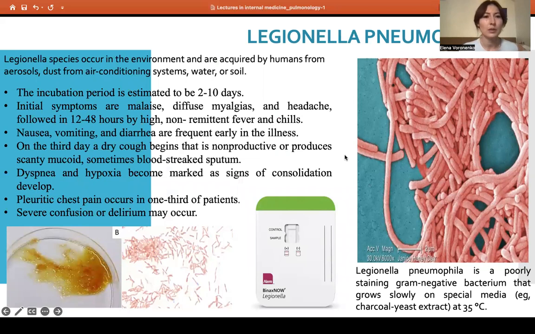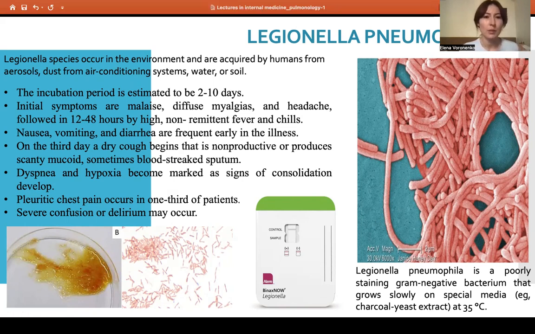Legionella species occur in the environment and are acquired by humans from aerosols, dust from air conditioning systems, water, or soil. The incubation period is estimated to be 2 to 10 days.